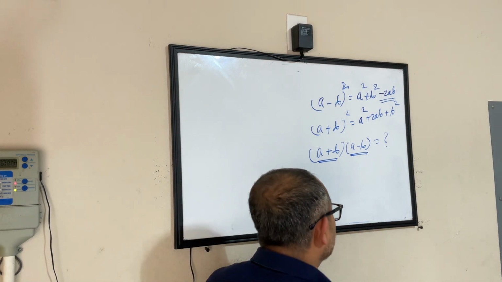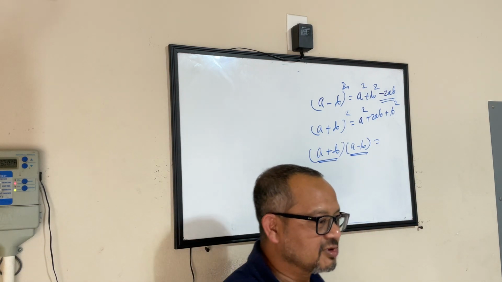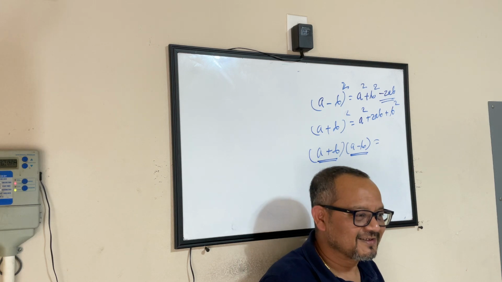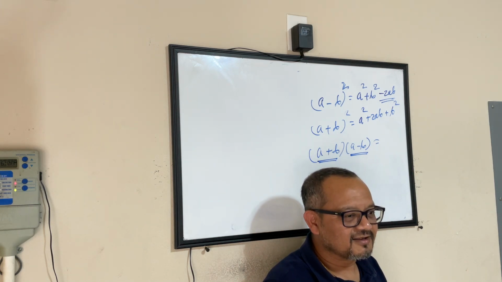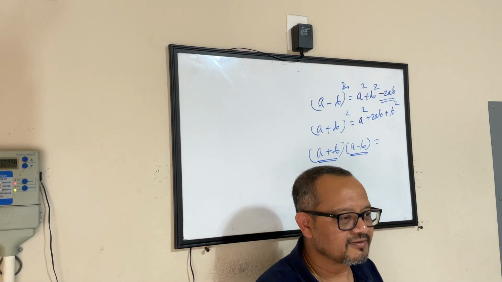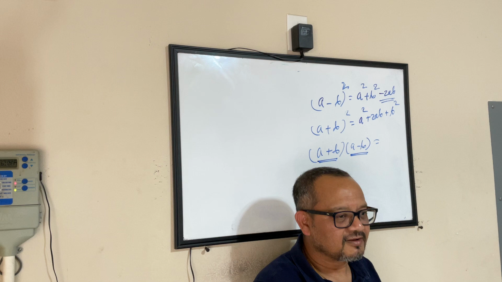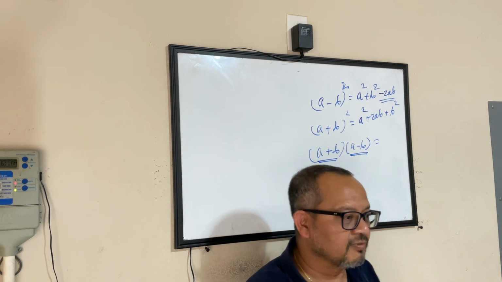A plus b into a minus b. Okay. Gautam is ready. Dikshita, tell me. A squared minus b squared. Okay. How about you, Arav? I was thinking a plus. No thinking, no value for thinking.